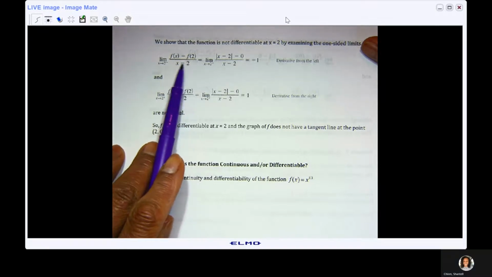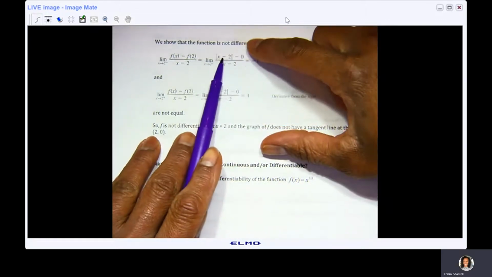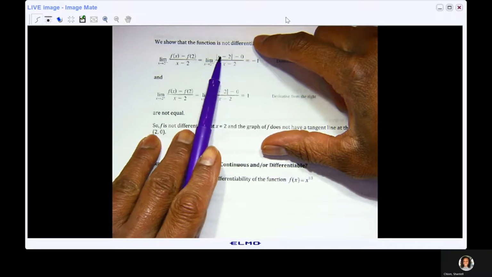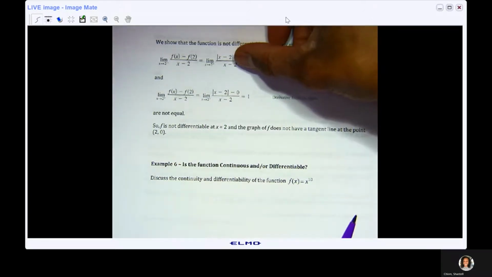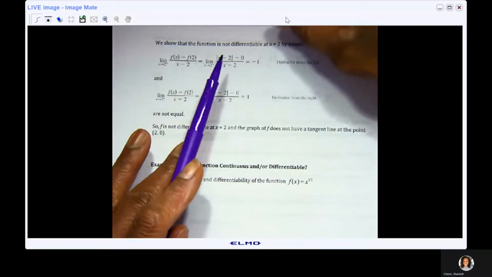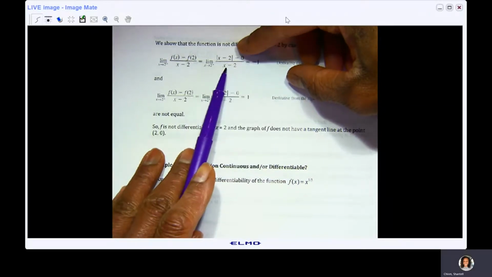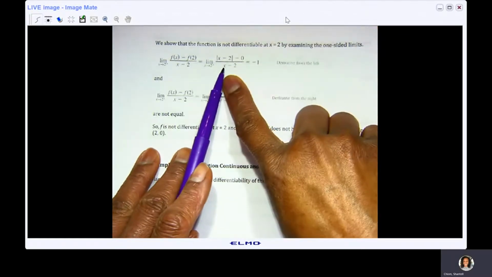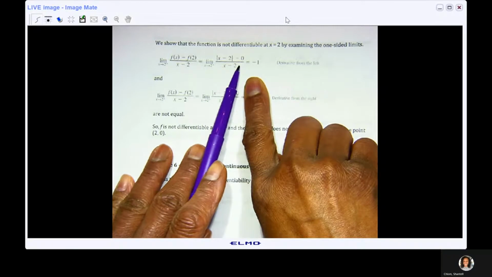Although you've got the absolute value symbol on this left side, we're actually using the negative of x minus 2 when we look at it.